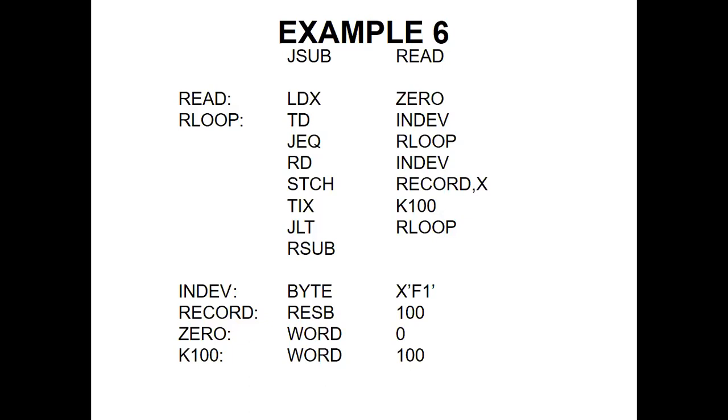Then you increment X. Our X is now a 2, compare X with 100, it is less. We go back and test for the third character. Okay, so those series of instructions are showing you how we read from an input device. I don't know if there is a question there.